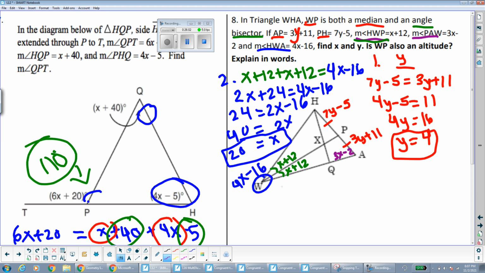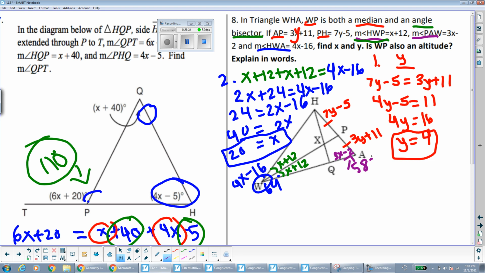So I know that this angle W is 4x minus 16, and my x value is 20. If I plug in 20 there, that's 20 times 4, which is 80, minus 16 is 64. So this entire angle here is 64 degrees. I know that angle A is 3x minus 2. If I plug in 20 there, that's 20 times 3 is 60, minus 2, that's 58 degrees.